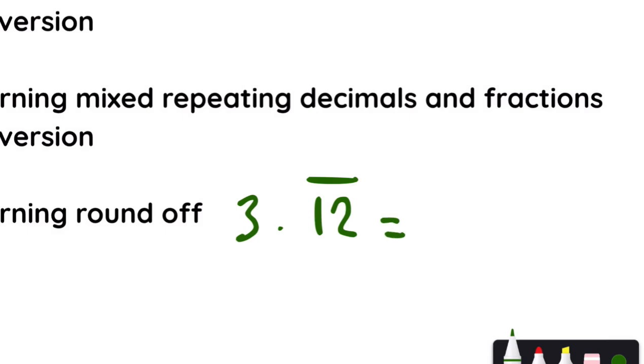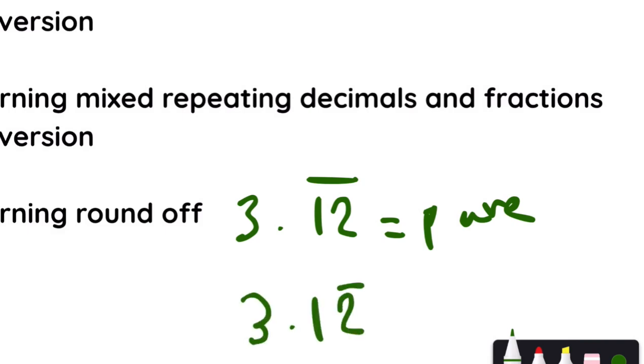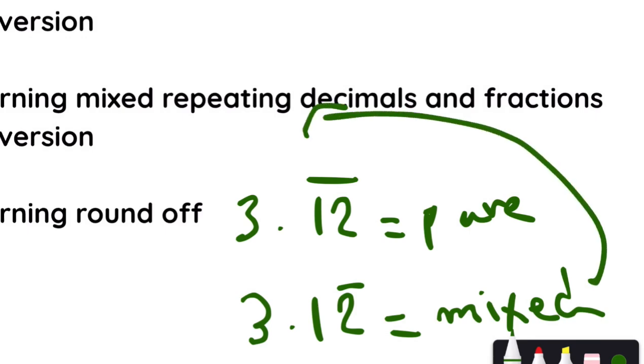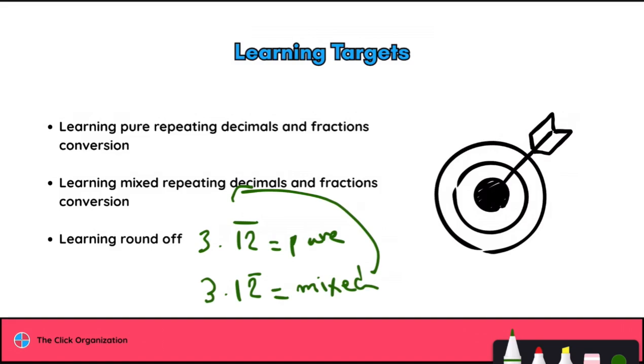So this is a pure repeating decimal, right? But what about this one? 3.12 with only 2 being repeated. This is a mixed repeating decimal, right?